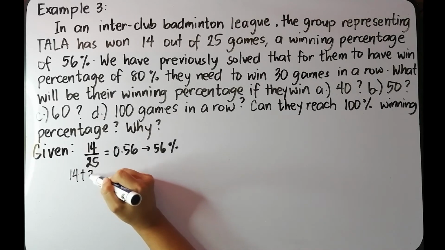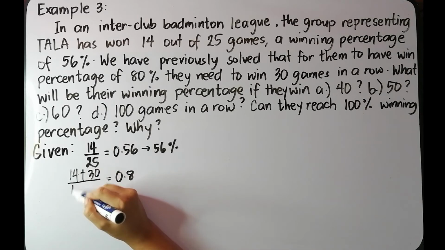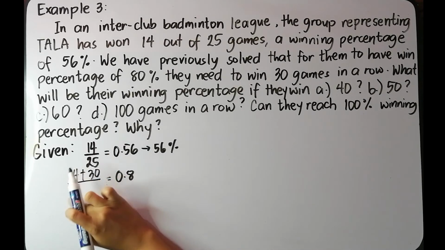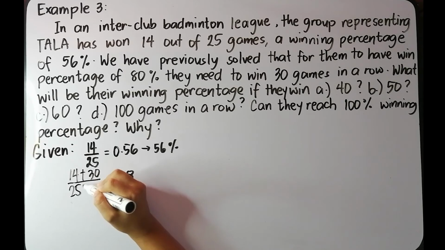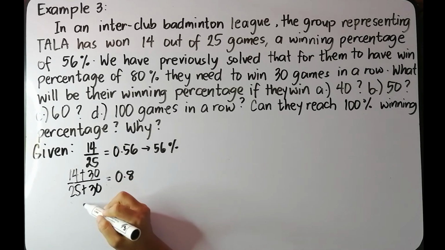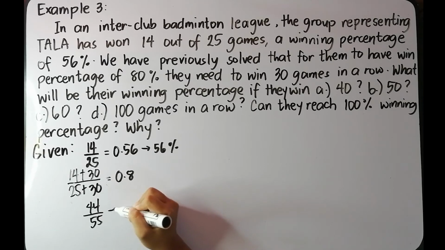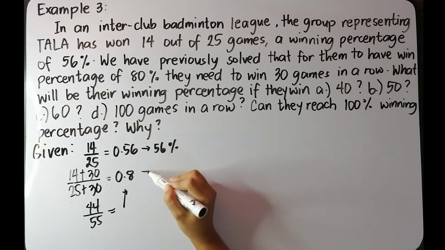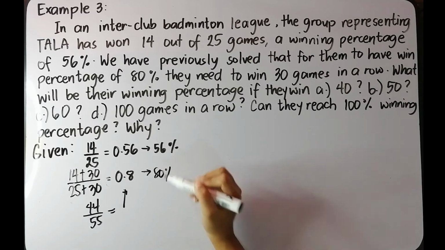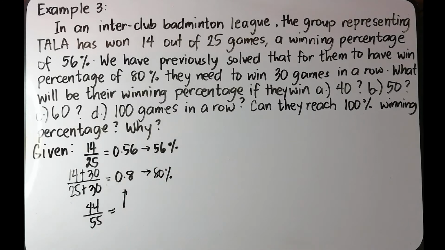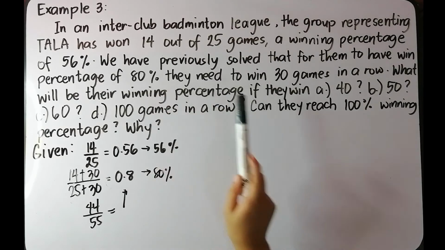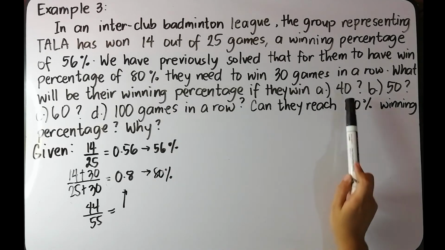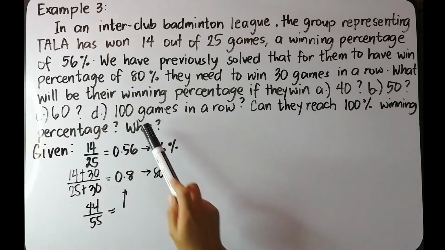That is 14 plus 30 all over 25 plus 30. So that is 44 over 55, which is equal to 0.8 or 80%.